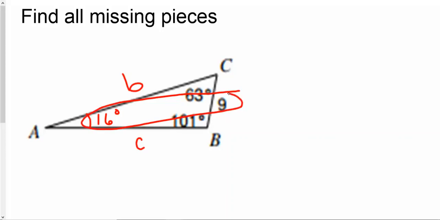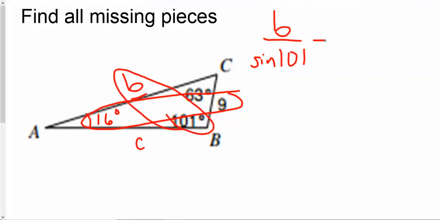So now we have that angle side length pair, so we know that we can use law of sines. Because we're going to solve for a side length, we're going to put essentially the variable on top by itself. So b over the sine of 101, right? And again, we know that we're going to be doing this pair here. And then we're going to use 9 over sine of 16.